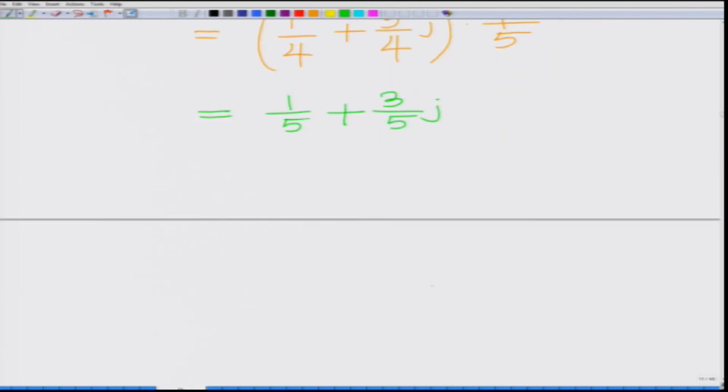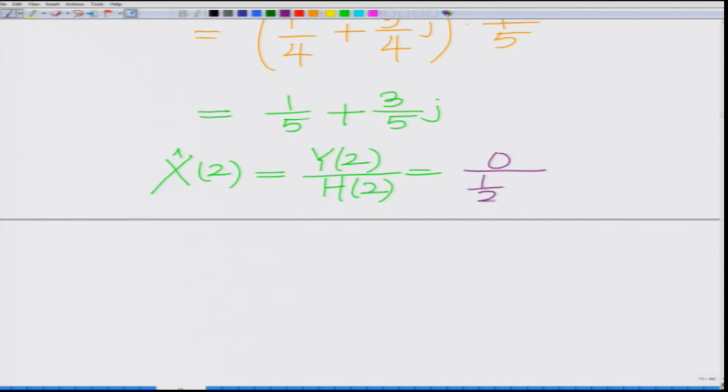And capital X hat of 2 equals capital Y 2 divided by capital H 2, but capital Y 2, remember, the output across sub channel 2, is 0, divided by capital H 2, which is half. So this is 0.